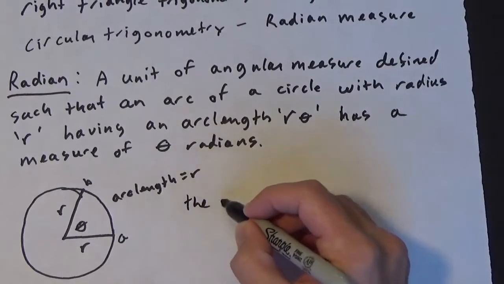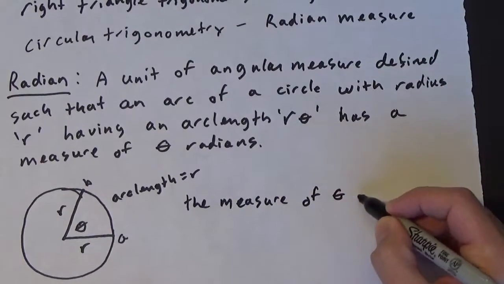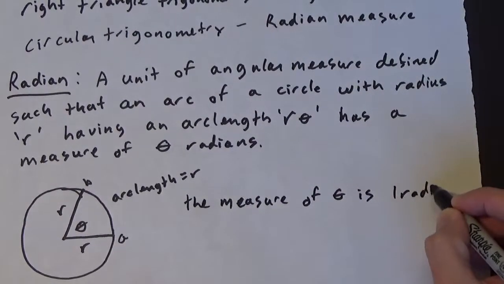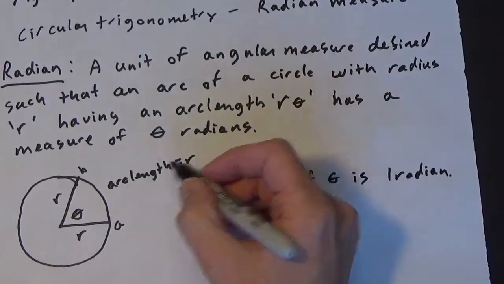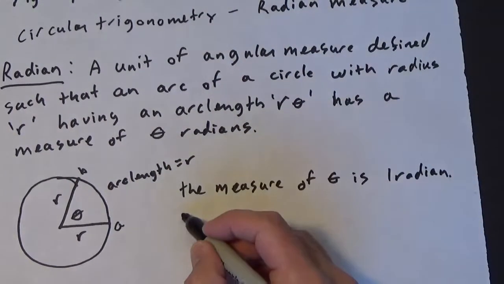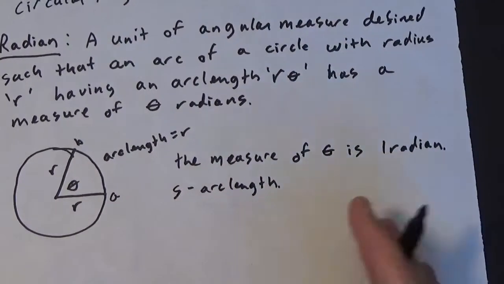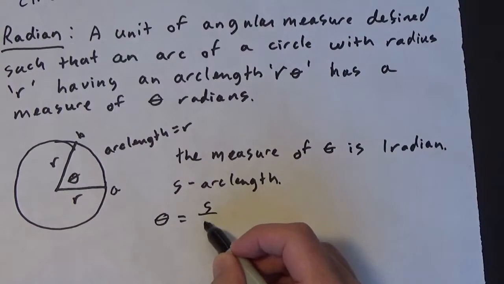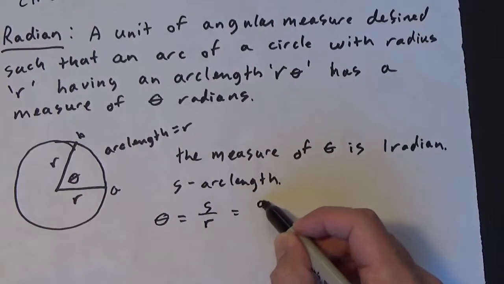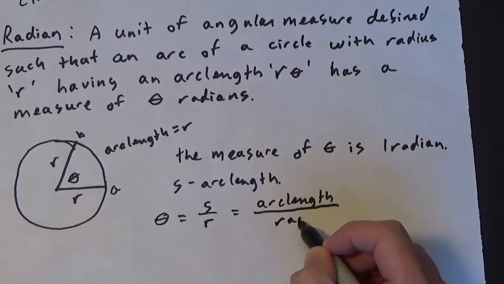So the measure of theta is 1 radian. Now arc length, usually we associate that with S. S is arc length. So that means theta is S over r, which is arc length over the radius.